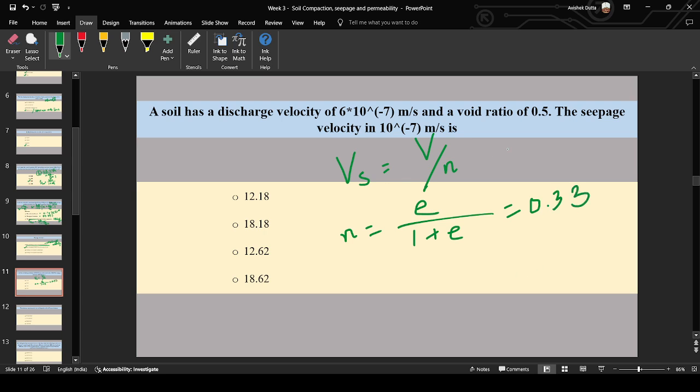Now you put n equal to 0.33 and v, the discharge velocity, as 6, because 10 to the power minus 7 is constant in the question and the answer. So 6 divided by 0.33, you get 18.18.